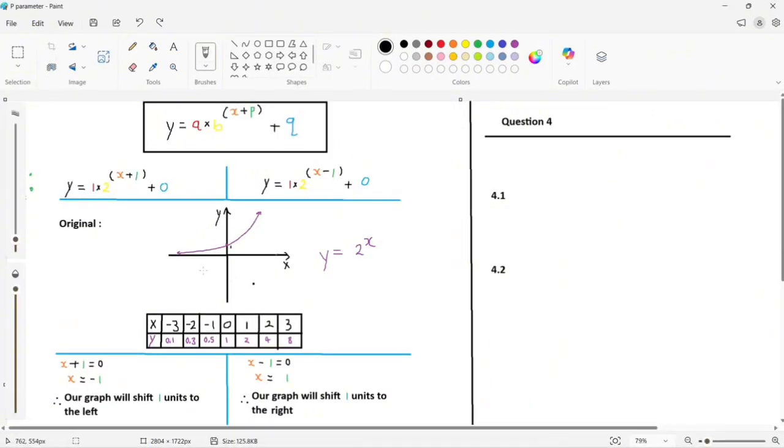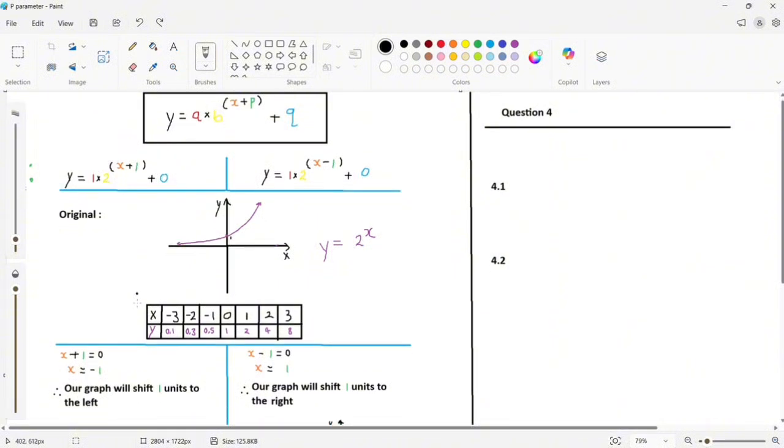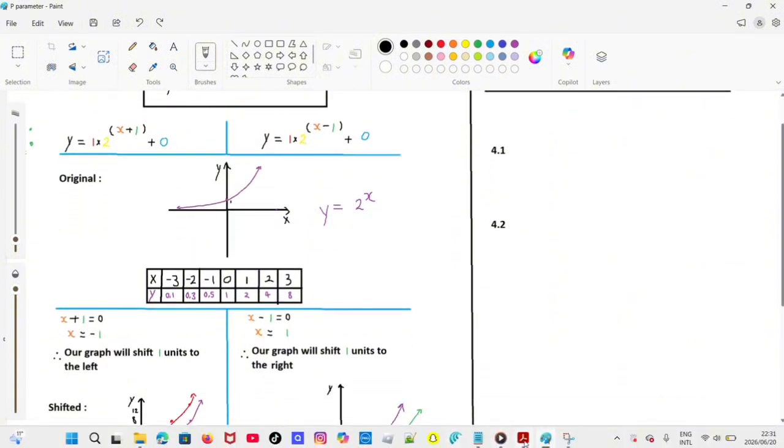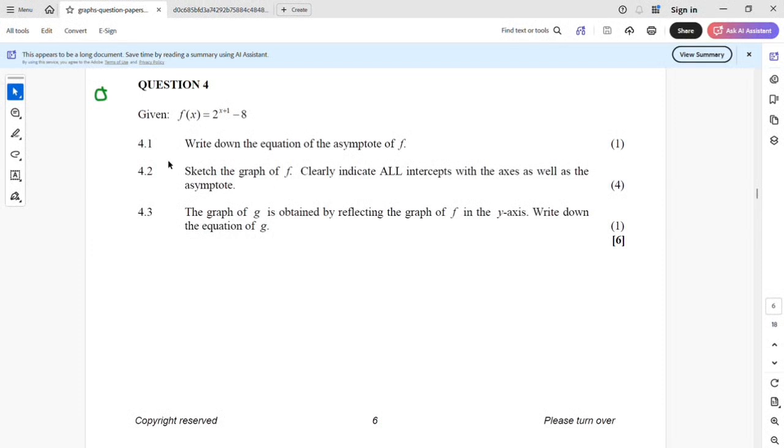We did see this right here. With this example, we said if there's x plus 1, we know our graph is going to shift 1 unit to the left, okay? So the first question says, write down the equation of the asymptote of this graph.